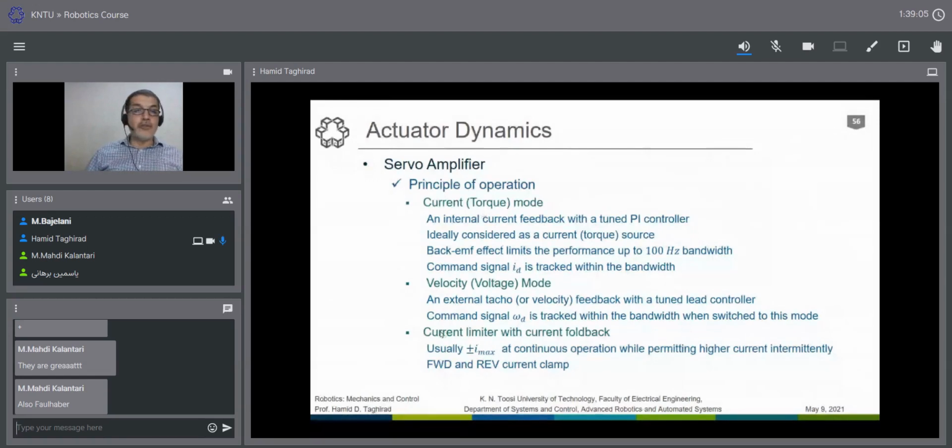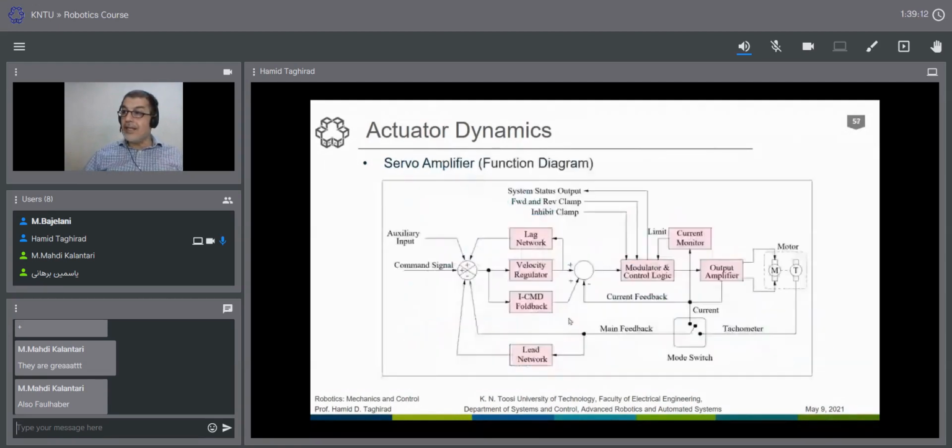And we usually also have some current limiter for the system to avoid overheating. This is a practical servo amplifier function diagram, of course not the electronics, but the function diagram. This is the motor. You see we usually have two feedbacks from the motor.